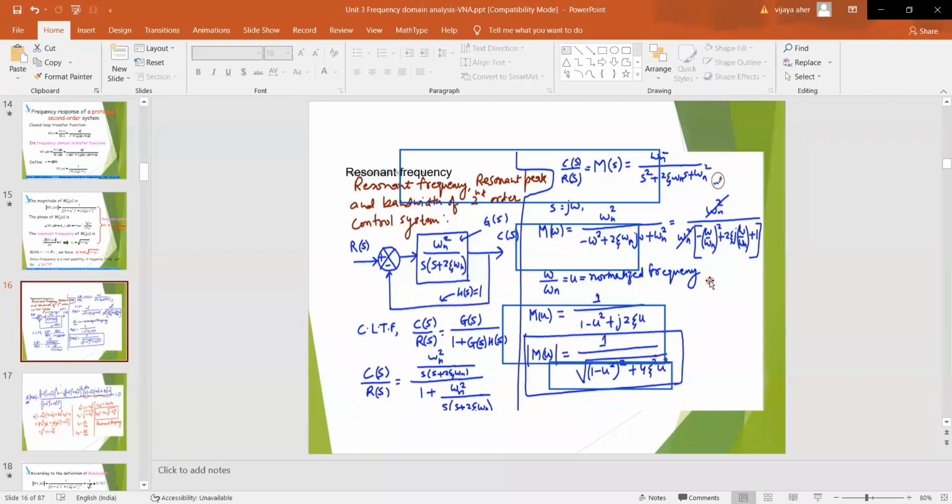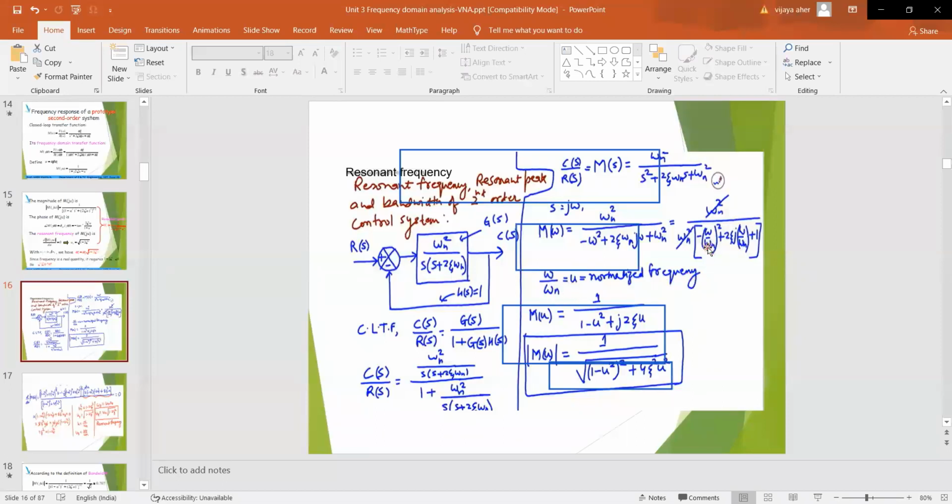Now you are going to write the equation for magnitude and phase. So M(u) is equal to 1 divided by, I am writing in reverse way, 1 minus u square, putting omega divided by omega n equal to u.